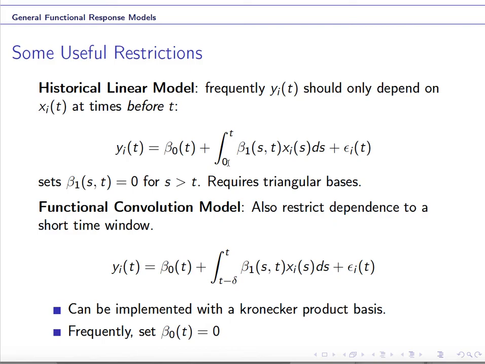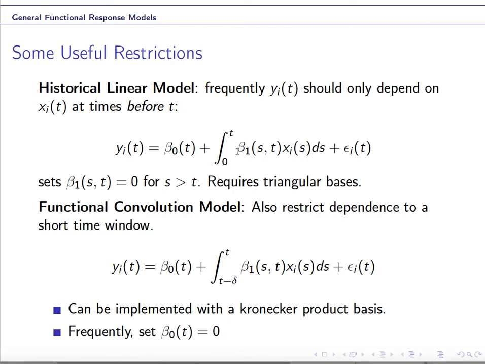For example, if the time is between 0 and 1, the range will be from 0 to 1. There is one problem with integrating over the whole range: beta 1(s,t) represents the effect of the value of x at time s on the value of y at time t, right?